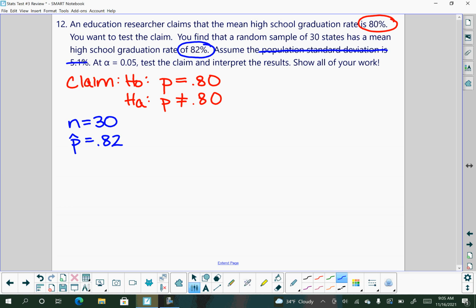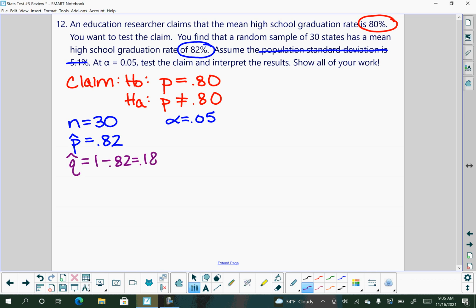You do not need it for this hypothesis test, so we're just going to drop that guy. My level of significance is 0.05. If we have P hat, we can also find Q hat. Q hat is 1 minus P hat.